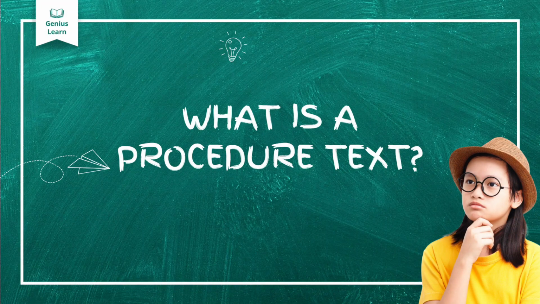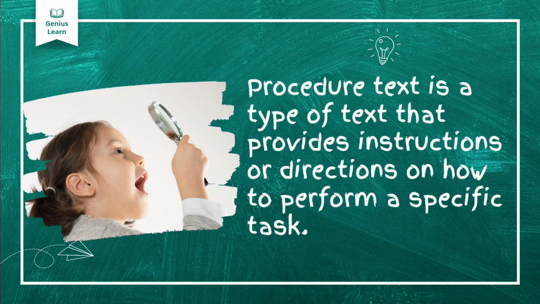The first one, what is a procedure text? Procedure text is a type of text that provides instruction or direction on how to perform a specific task. So, procedure text is a type of text that tells you to do something by giving you a step by step.